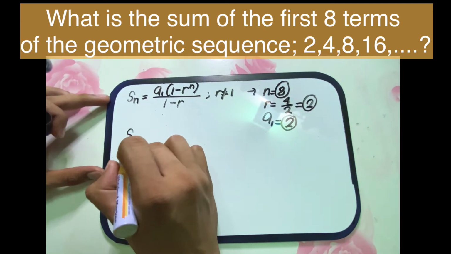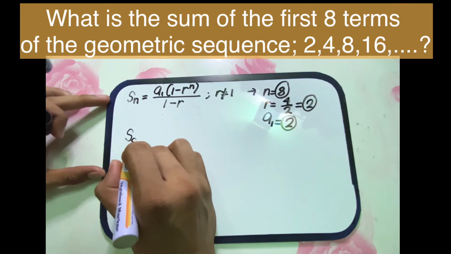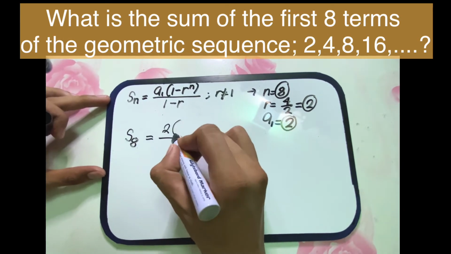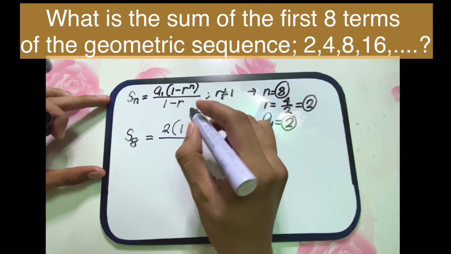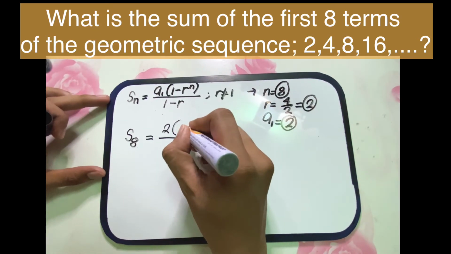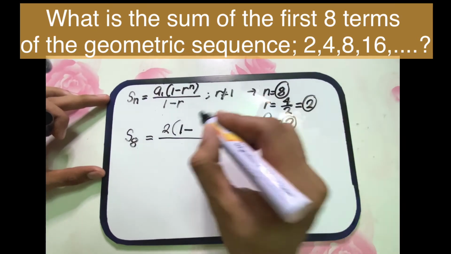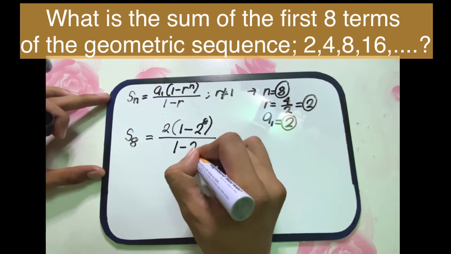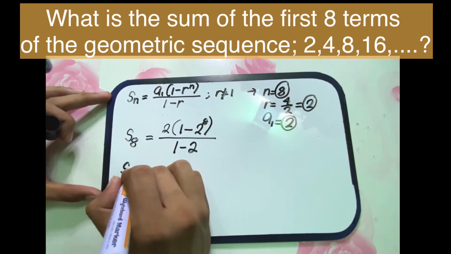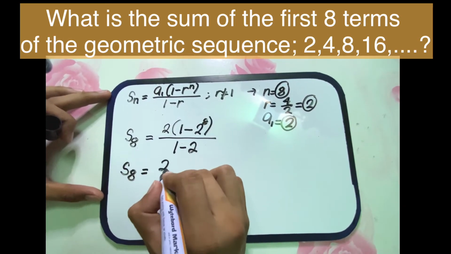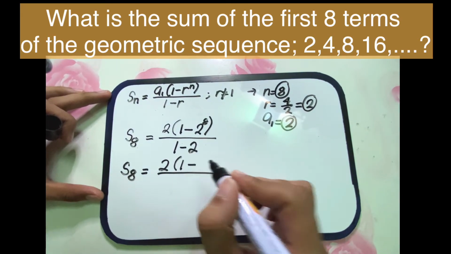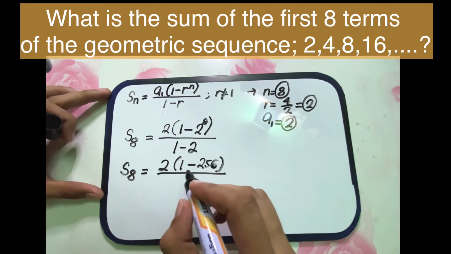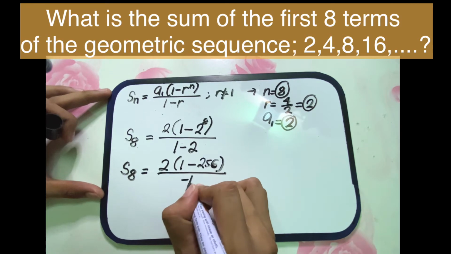So S sub 8 equals a sub 1, which is 2, multiplied by 1 minus the ratio 2 raised to n, which is 8, all over 1 minus 2. So S sub 8 is equal to 2 times 1 minus 2 raised to 8, which is 256, then 1 minus 2 is negative 1.